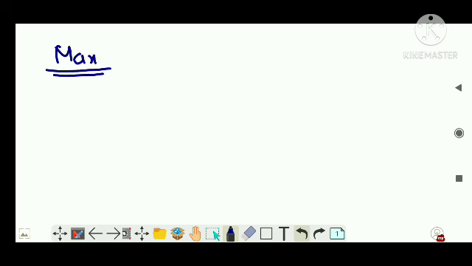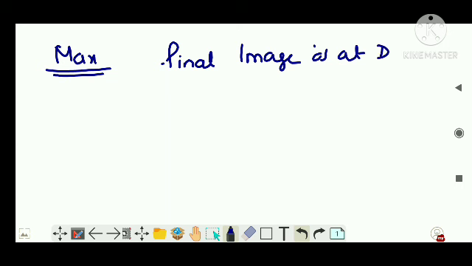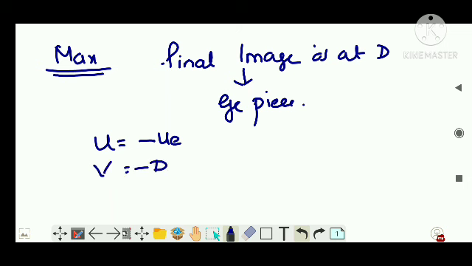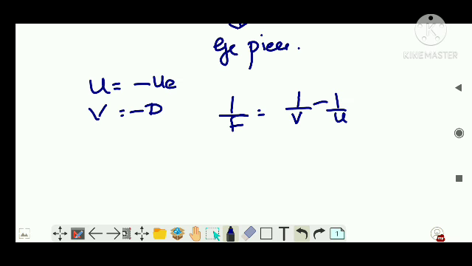Maximum magnification, just like the previous case, occurs when the final image is at D, and this final image is viewed by our eyepiece. So U will be minus UE for the eyepiece and V will be minus D. Now 1 by F is equal to 1 by V minus 1 by U. Just substitute the above values there.